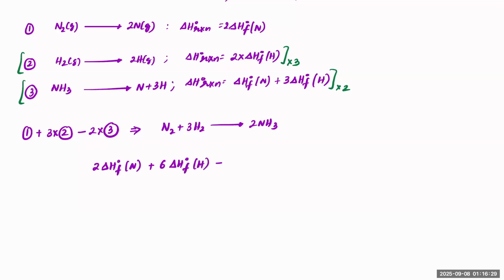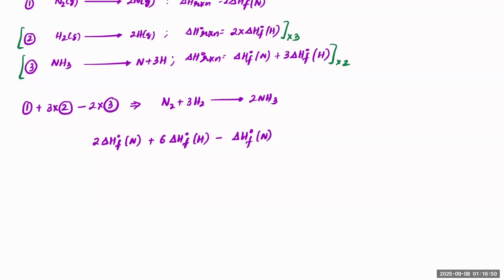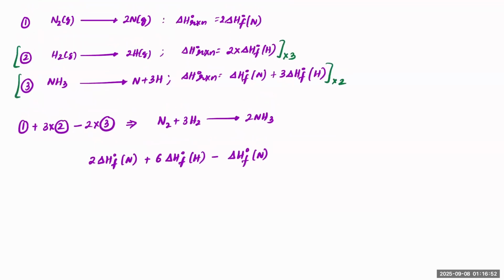minus, how much is this one? Minus delta H of formation of nitrogen here, correct? Because I have to break this nitrogen and 3 hydrogens here. Oh, sorry, minus.